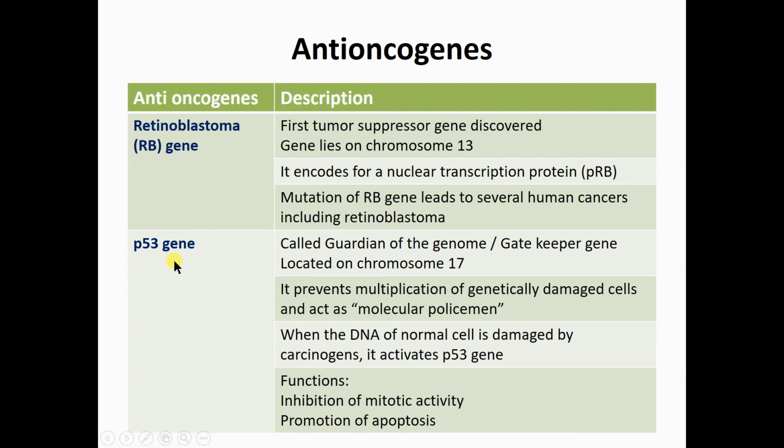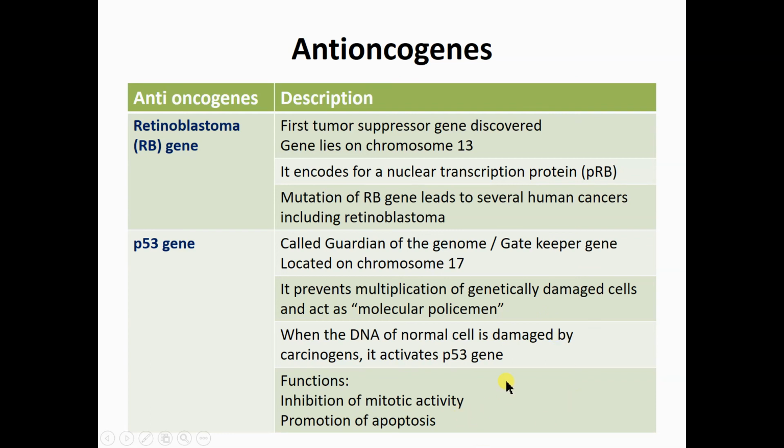So what will the p53 gene do? First, it inhibits the mitotic activity of the cell cycle. So it prevents mitosis, and it also activates certain proteins that lead to the repair of the genetically damaged portion of the DNA by activation of the DNA repair genes.